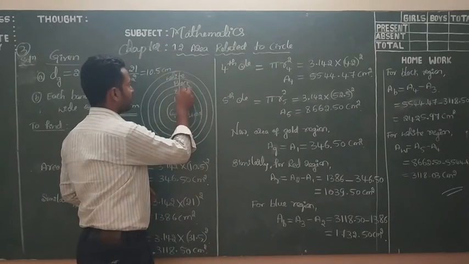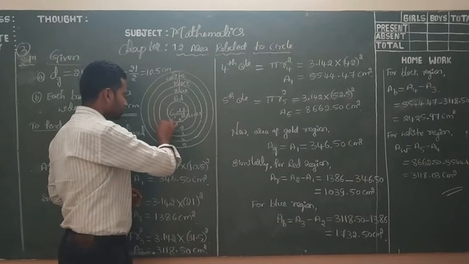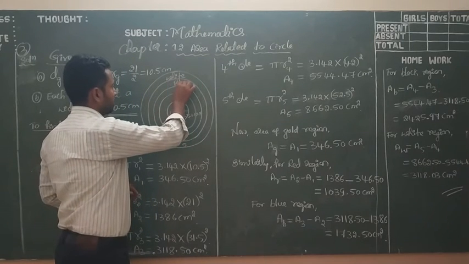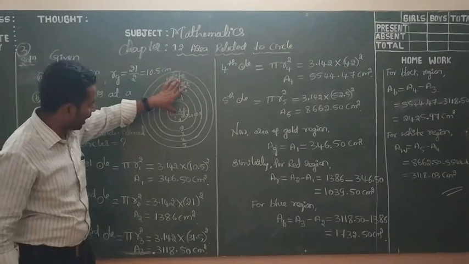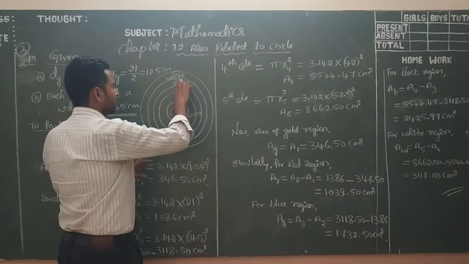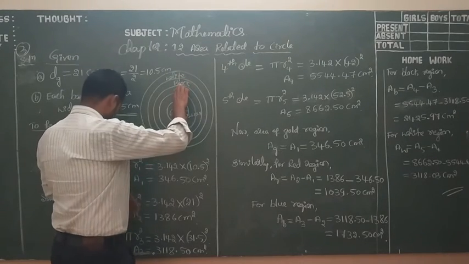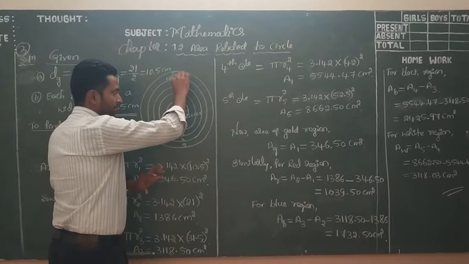Next one, the fourth circle. This is the black region, and we are going to calculate the area of this entire fourth circle. The radius is r3 plus 10.5, since the bandwidth is 10.5 centimeter.